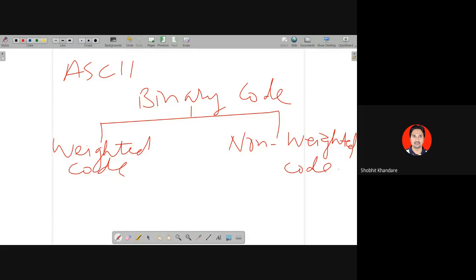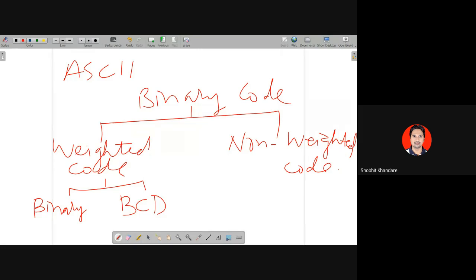Okay, weighted code can be of two types. One is called binary, the other one is called BCD. Now this is very important. I want everyone to have a keen observation. This is also important; students do not understand this thing. What do they not understand?